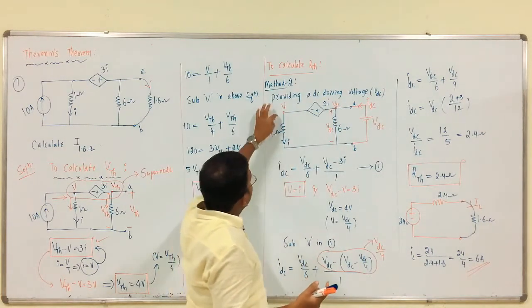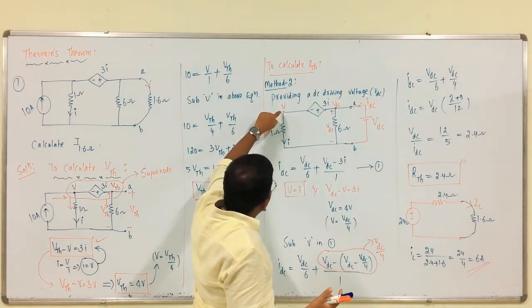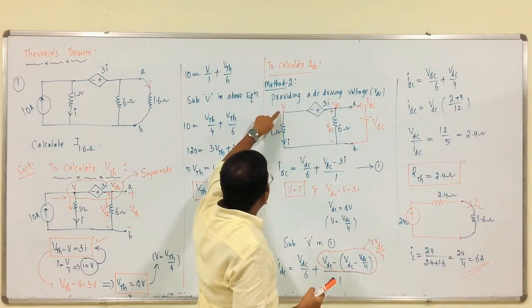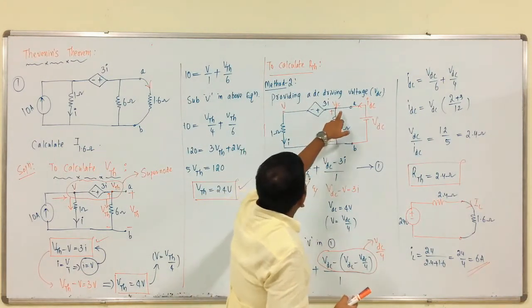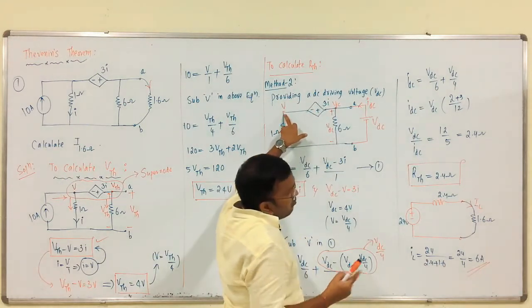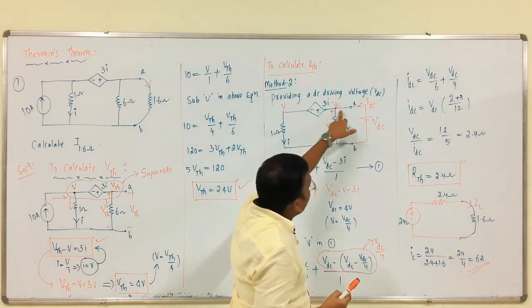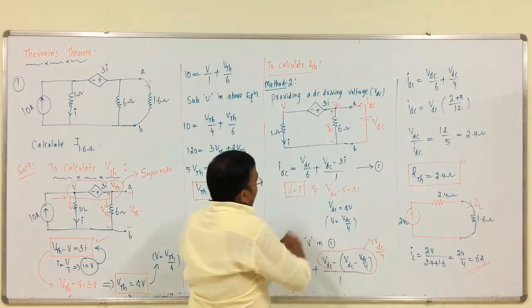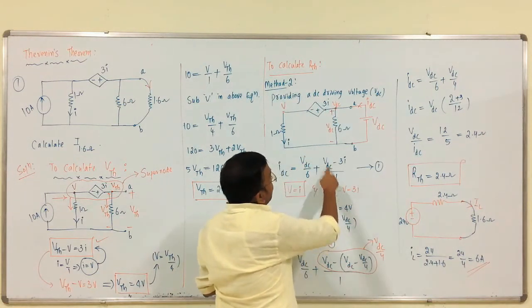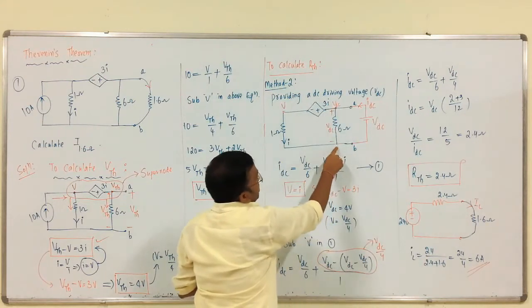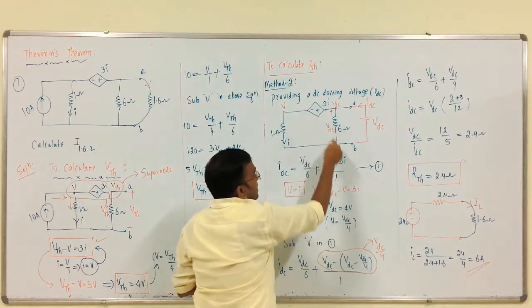But we know that from this branch, if for example it is a node, at that node the voltage is V. And if it is a node, obviously there is a super node, because this is a non-reference node, and this is also a non-reference node. Here I am providing the equation with respect to a reference node, that is why VDC minus 3I by 1.